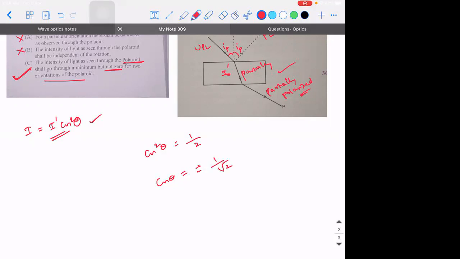So cos theta is 1 by root 2 is 45 degrees, minus 1 by root 2 is 135 degrees. That is what I meant by two angles. Okay, sir. So when you have two different orientations, yes, the polarizer's axis can control the intensity. That's for sure. But it cannot go to zero because you don't have another polarizer which can make it crossed. Correct? So option C is the only one that is satisfied.